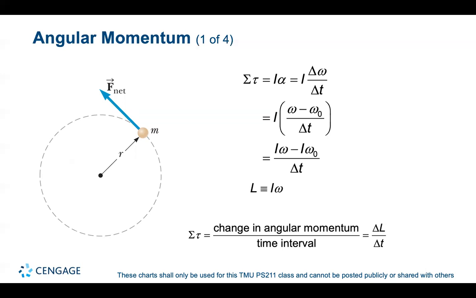Let's define the product I omega as the angular momentum of the object. Now we can write the rotational analog of Newton's second law, which states that the net torque acting on an object is equal to the time rate of change of an object's angular momentum.